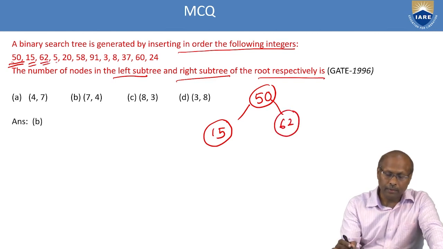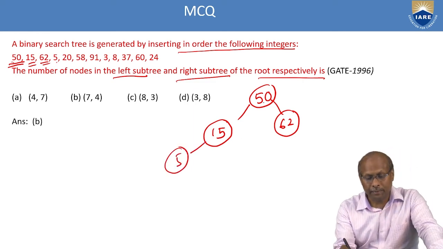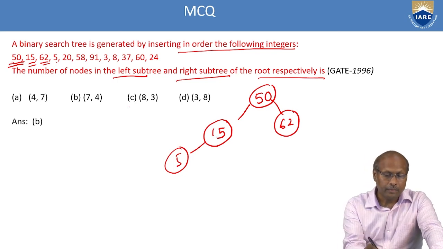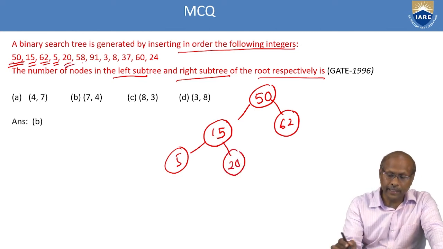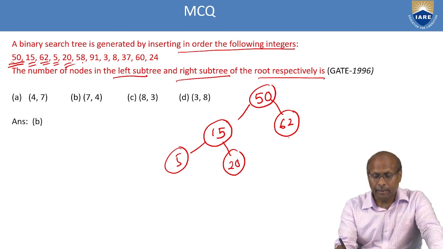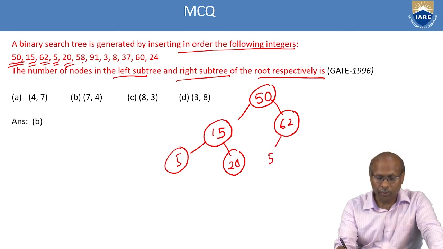Then 5. 5 is left of 15 because 5 is less than 50 and less than 15. Then 20. 20 is less than 50 but greater than 15. 20 will be right of this. Then 58. 58 is greater than 50 but less than 62. So 58 will be here.